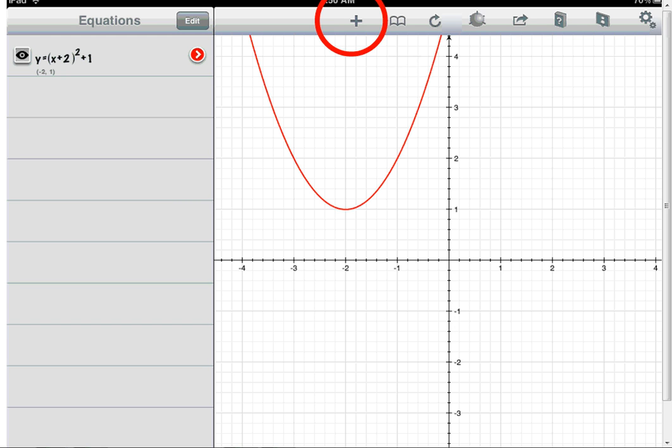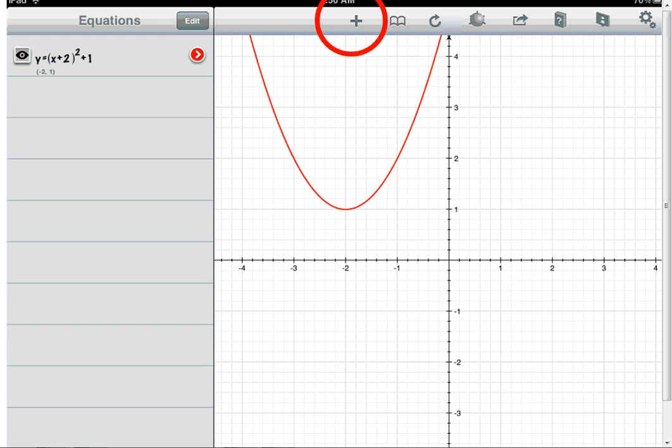So type in y equals. Now, I'm not sure how to do this on there. So you want to type in this one. Okay, it says add. Okay, you guys, if you're doing Quick Graph, add. Did you find Quick Graph? I've never done it, so I don't know. So you go add.